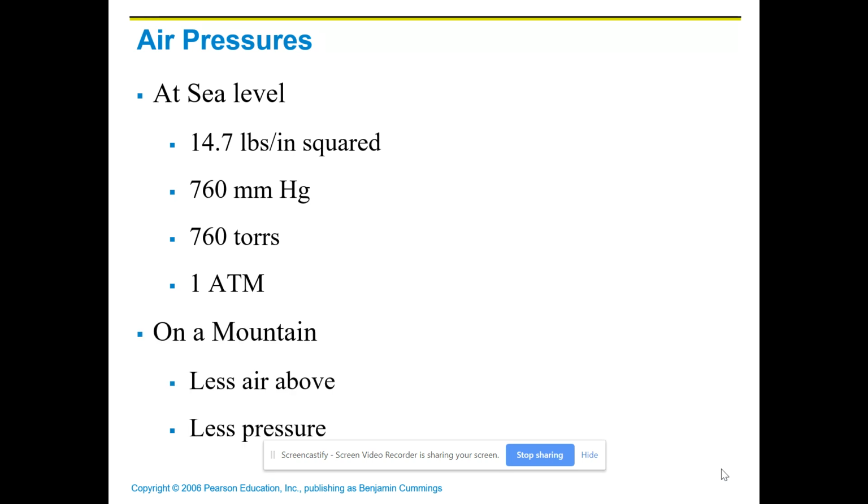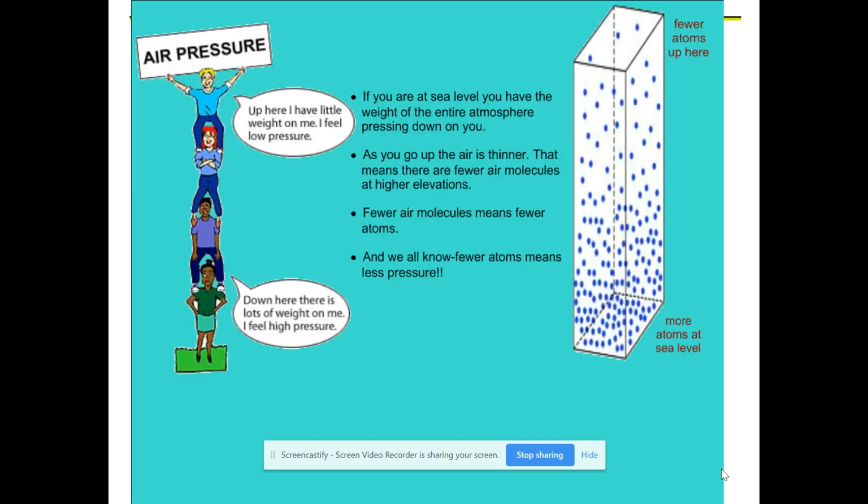As you move up in altitude, there's less and less air above you. And so when you're up on a mountain, there's less air above, which means there's less pressure. Use an analogy. Look at this. You can see these people are stacked up on top of each other. Well, it's obvious that the person on the bottom is going to have a ton of weight on them.